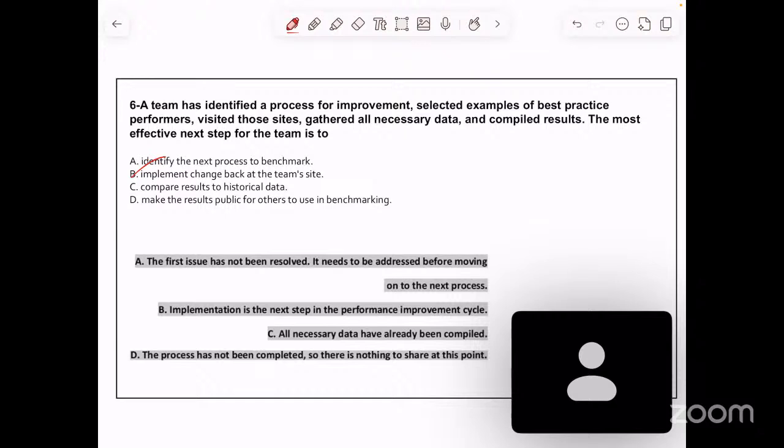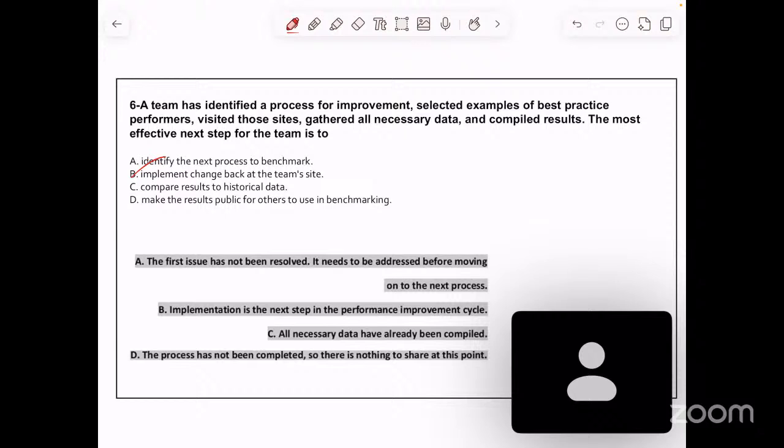So letter A here is incorrect because benchmarking is another process that should only occur after successfully implementing changes, right? And assessing the outcomes of the current improvement effort. For letter C, this is incorrect. Comparing the results may be useful for evaluation, but not the immediate next step after compiling benchmarking results.